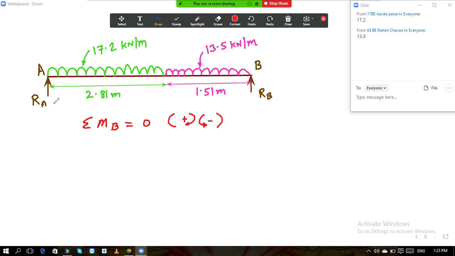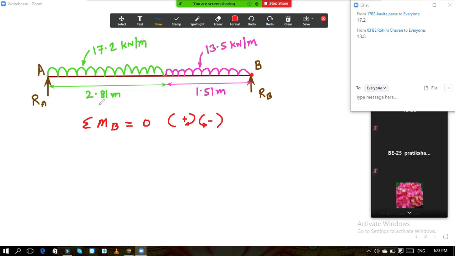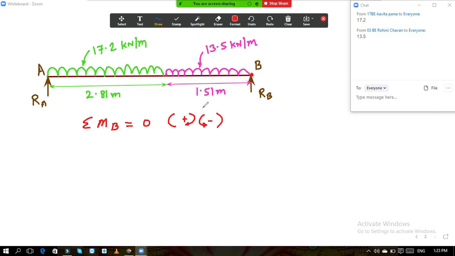Now here this is your point B. So from point B you need to calculate the distance of all the forces. So first is your RA. What is the distance of RA from point B? It is 2.81 plus 1.51. What is the total of these two?